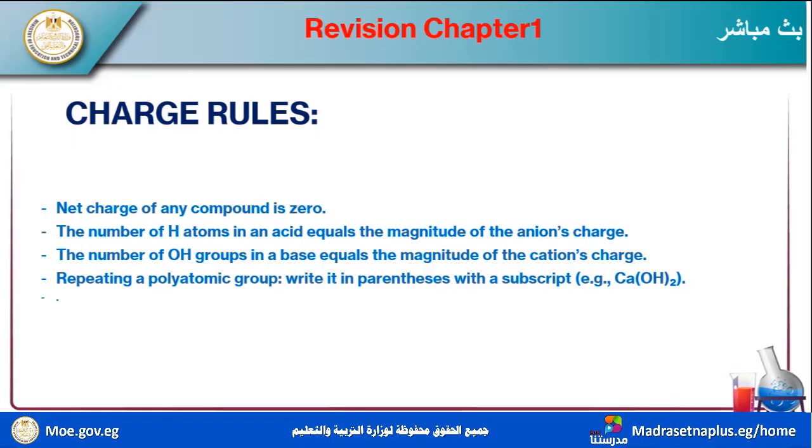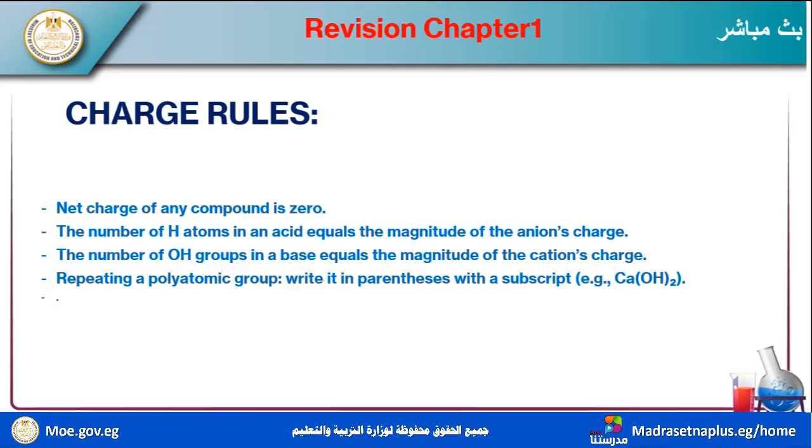If you have H2S, its valence equals -2. H2SO4, now H2, this acid is dibasic. H3BO4: BO4 is trivalent, its magnitude is -3.